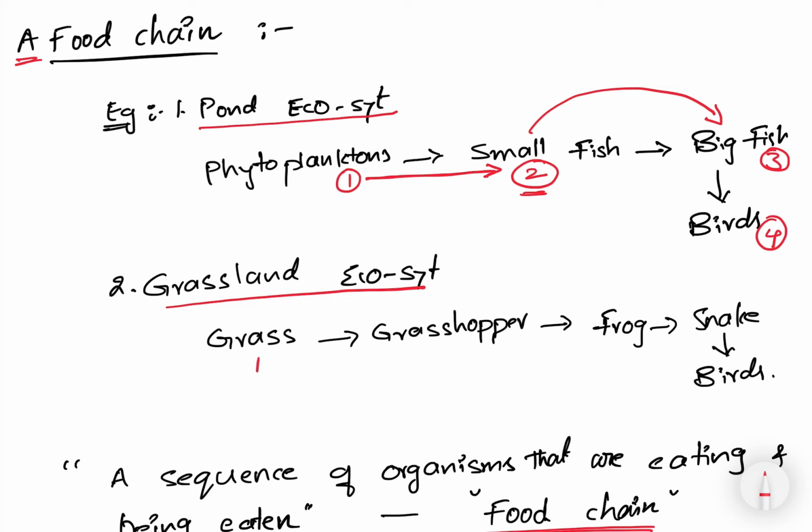See, trophic levels 1, 2, 3, 4 and 5, and every individual organism obtains its food from the lower level and acts itself as food for the next higher organism.